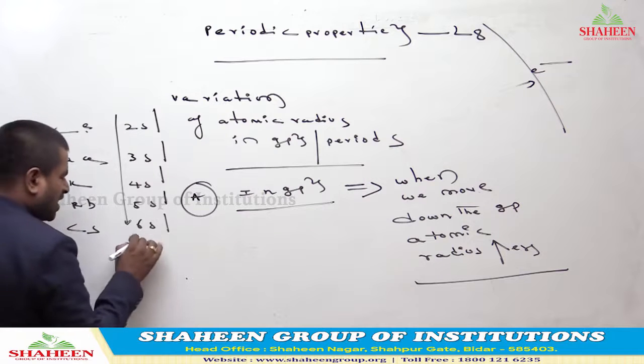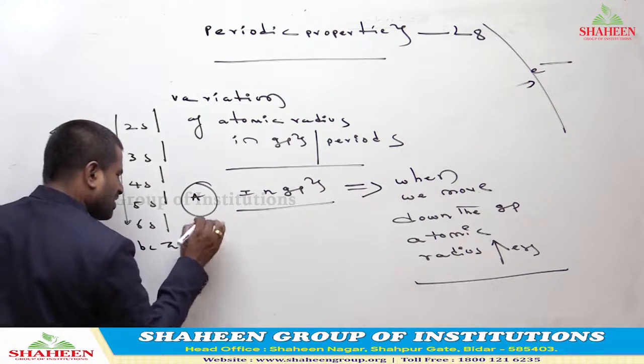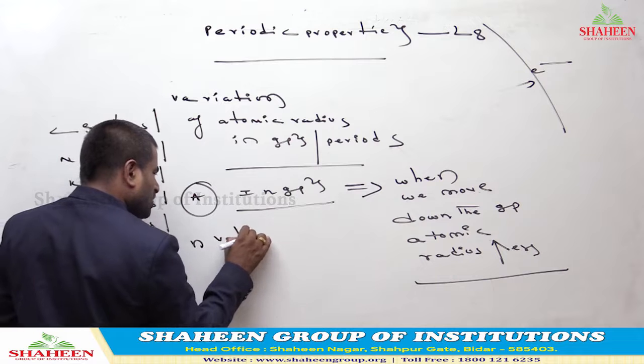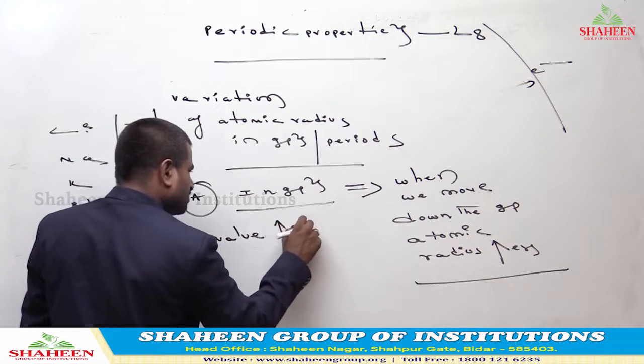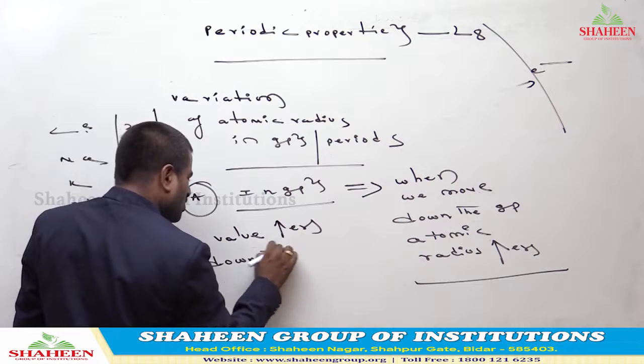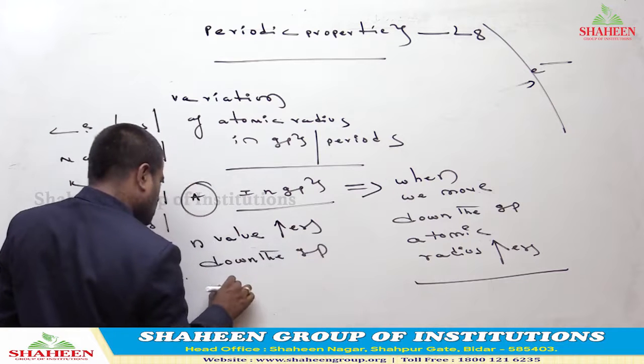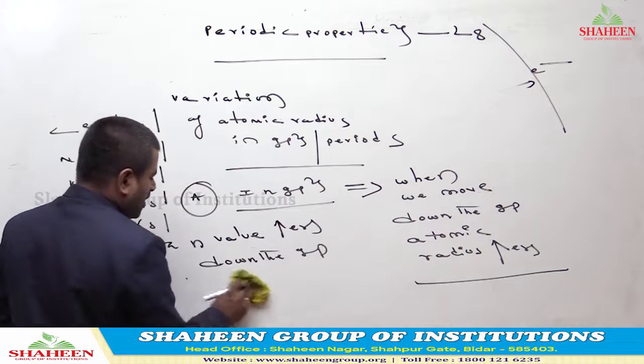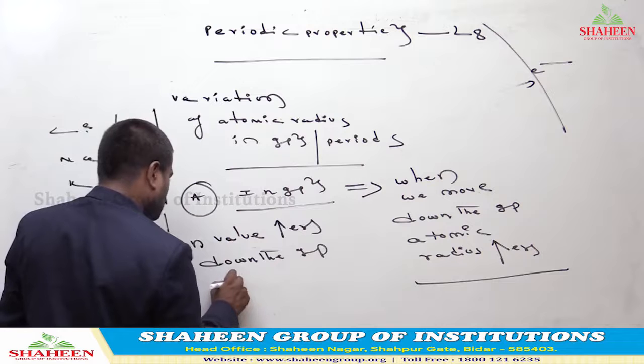Because the n value increases down the group, atomic radius increases.